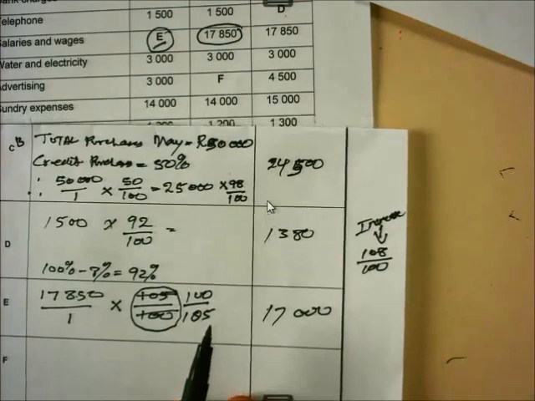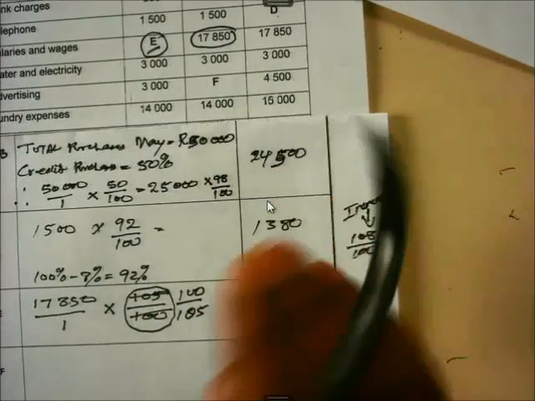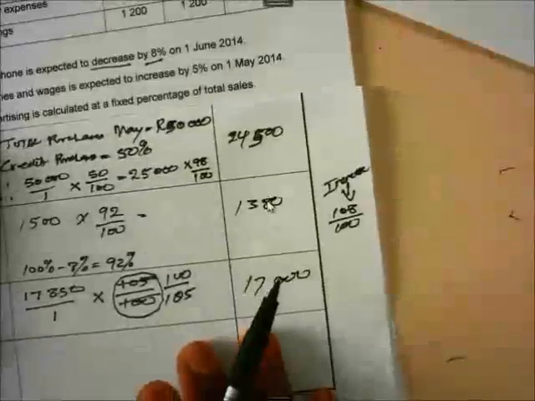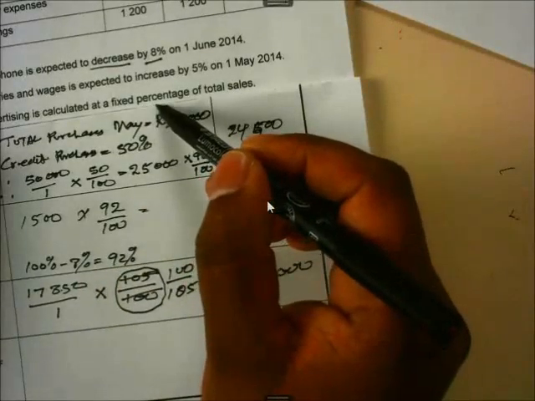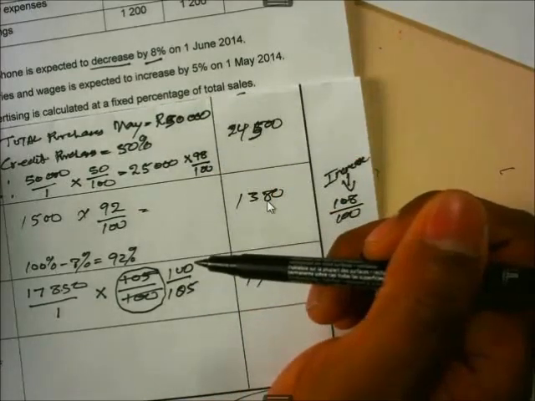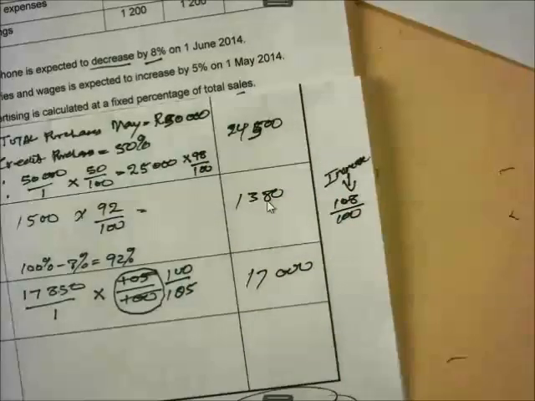And then finally, F, advertising. They say advertising is calculated at a fixed percentage of total sales.